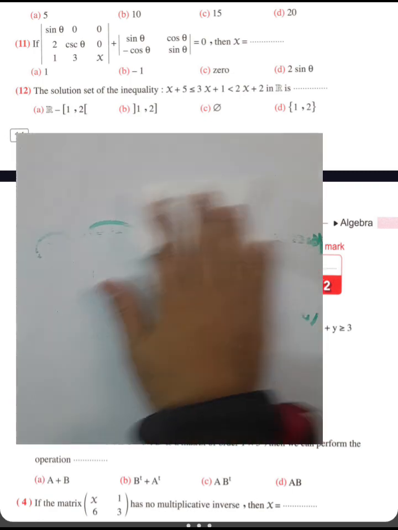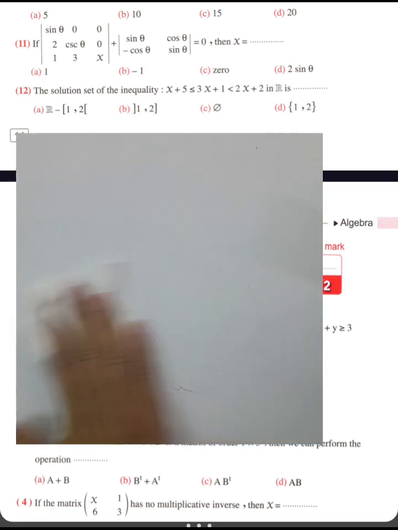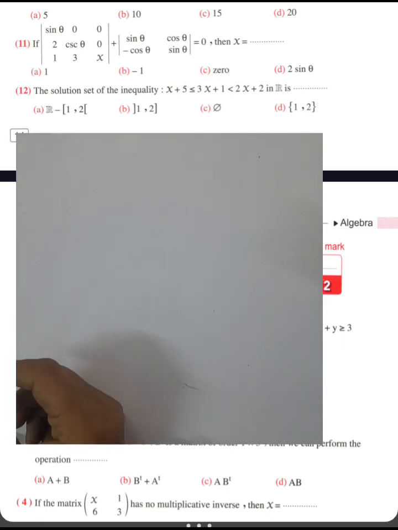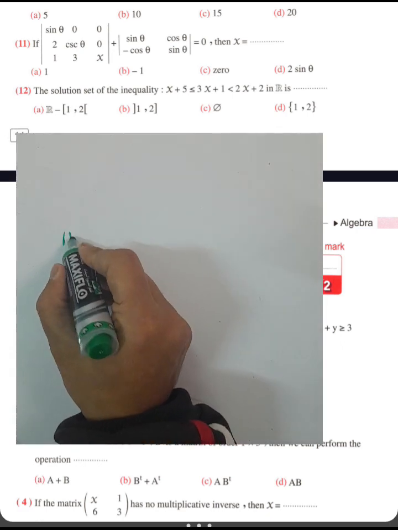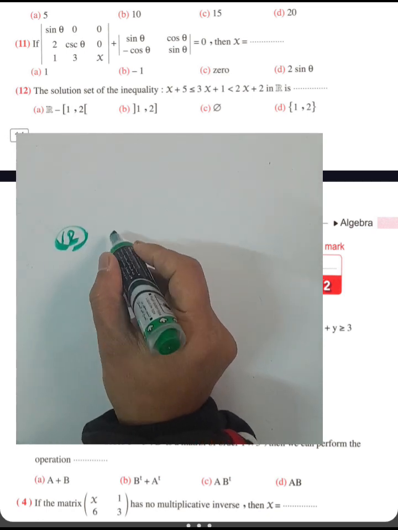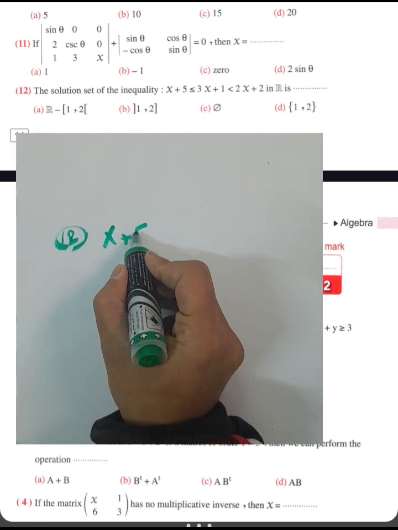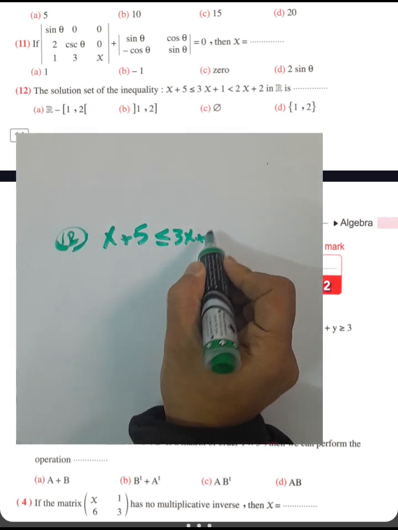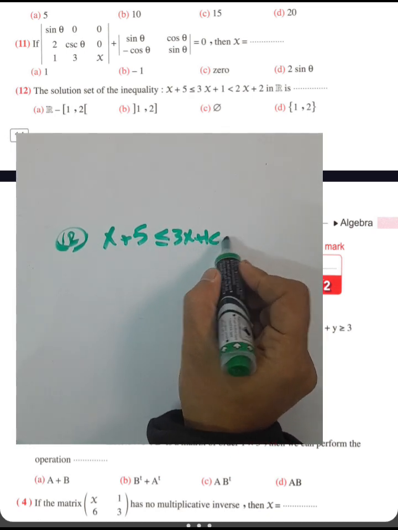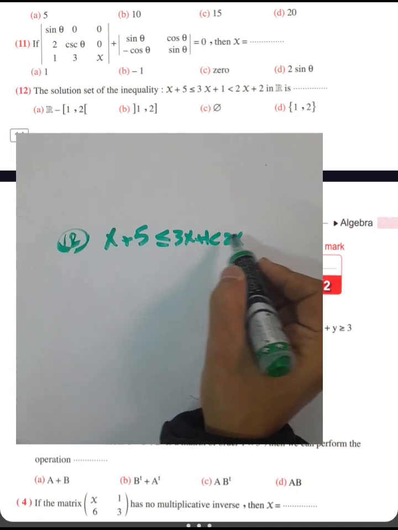Question 12. The solution set of the inequality. We have x plus 5 less than or equal to 3x plus 1 less than 2x plus 2.